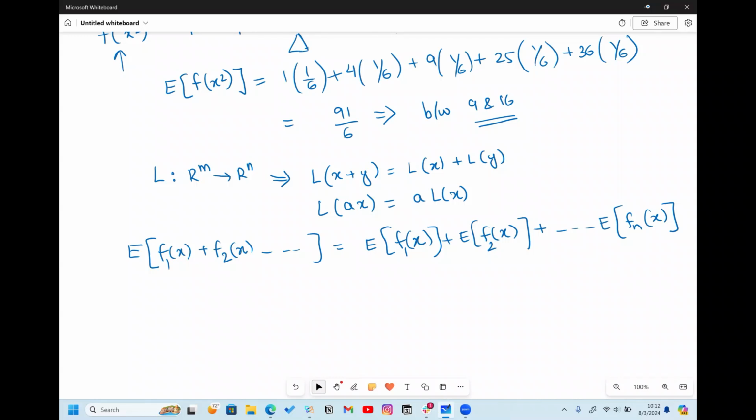And also, say you have the expectation of alpha f1 of x. Then you can bring out the scalar, and it becomes alpha times the expectation of f1 of x. So this is the linearity property, and expectation is linear.